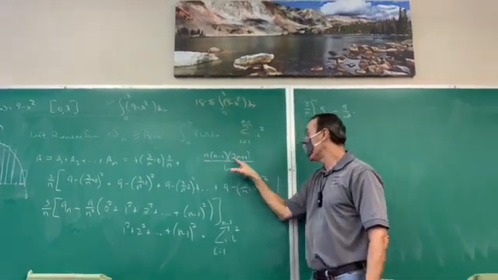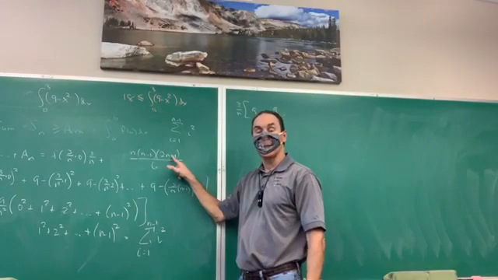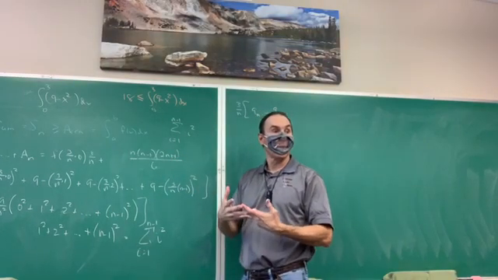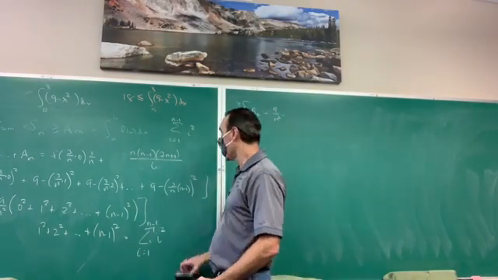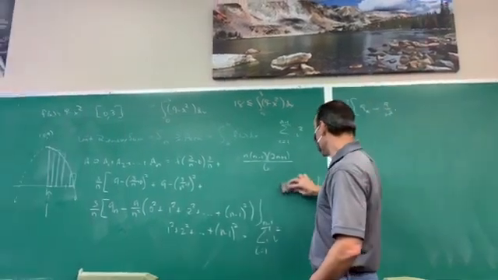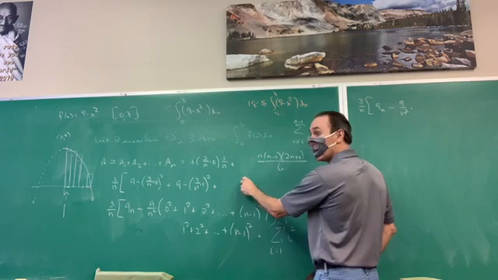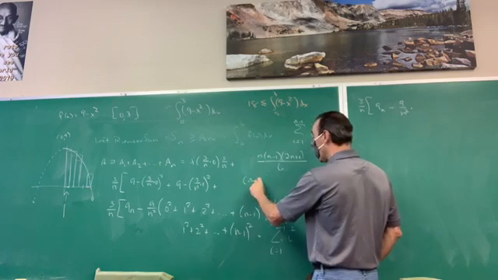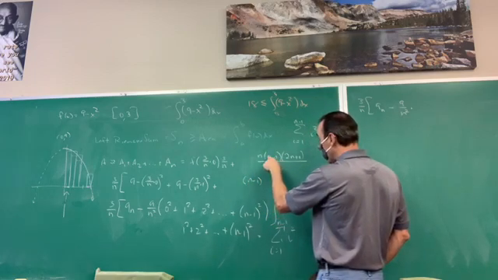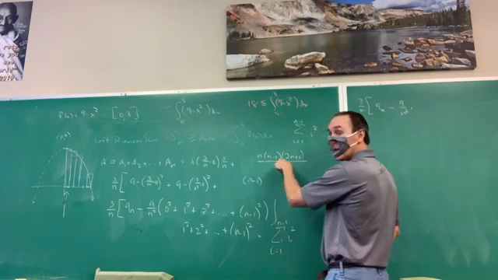That means each of these n's in that formula, we're going to replace with n minus 1. So that n is now going to be n minus 1. That n plus 1 is now n minus 1 plus 1, it's n.